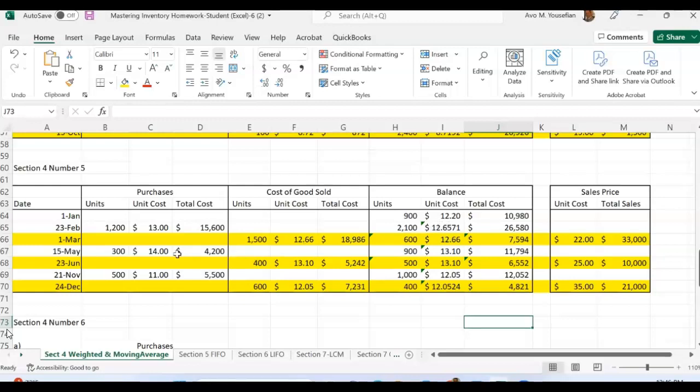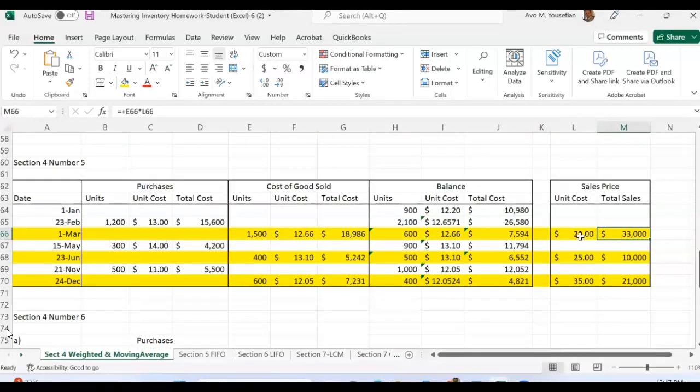Okay. But on March 1st, we sold 1,500 units. And we sold them at $22 each. So the sales price, here is the formula: $22 times 1,500 units sold. And that gives us $33,000 sales revenue. Yes?